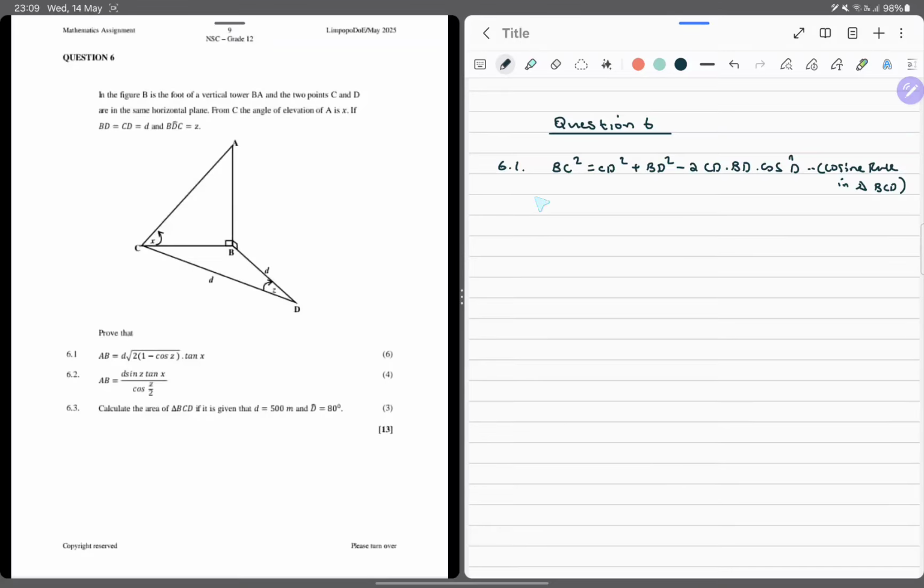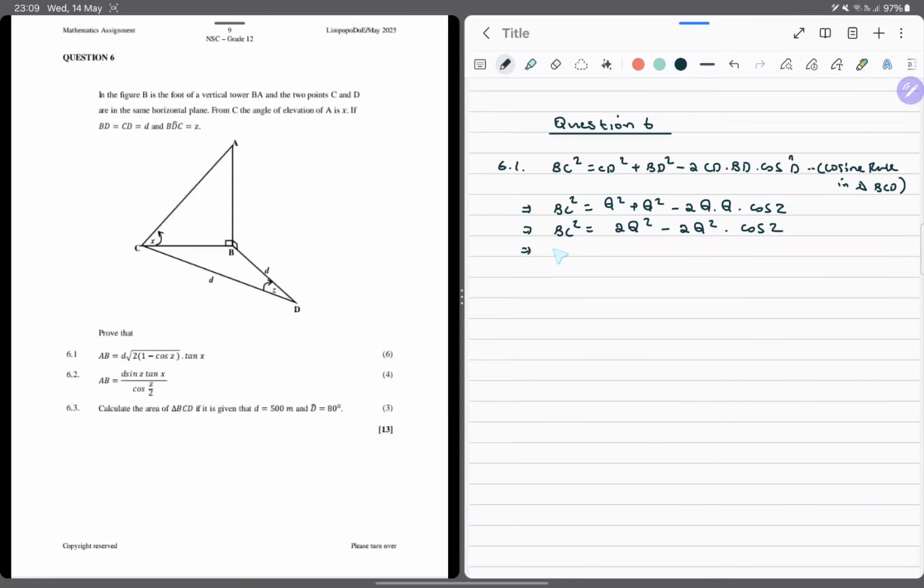Sometimes I like to explain where I'm at so that nobody misquotes me or misreads me. So BC squared is equal to d squared plus d squared minus 2 times d times d times cos of z. So we move on, BC squared is equal to 2d squared minus 2d squared times cos of z.